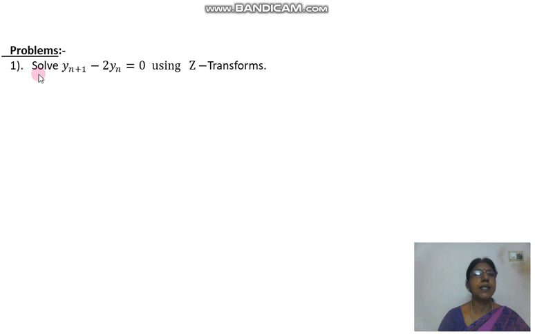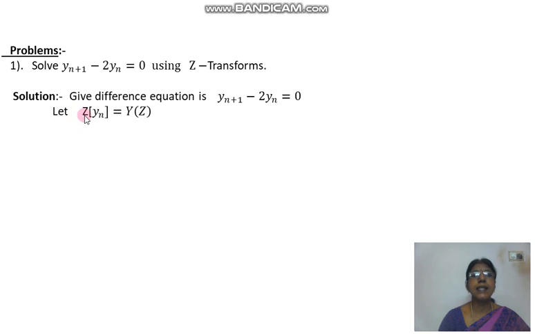Problem, see the first one. Solve yn plus 1 minus 2yn is equal to 0 using Z transforms. What is the given difference equation? yn plus 1 minus 2 into yn is equal to 0. The first step in the procedure: let Z transform of yn be y of z. Here we have yn plus 1. The formula is Z of yn plus 1 is equal to z y of z minus y naught.